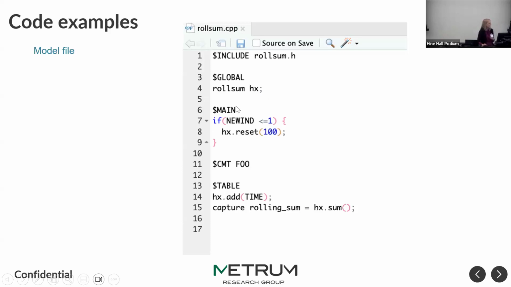In the main block, we're resetting, again, for every individual, because we want to compute a new set of PD endpoints. Then we use the rest of our model normally, and we can capture that rolling sum with this hx sum call and output that in our data set.